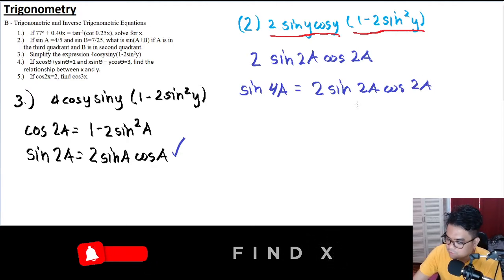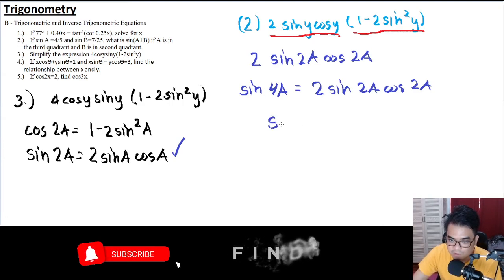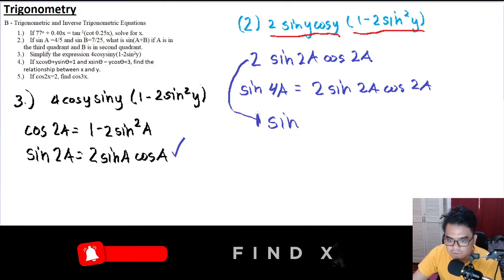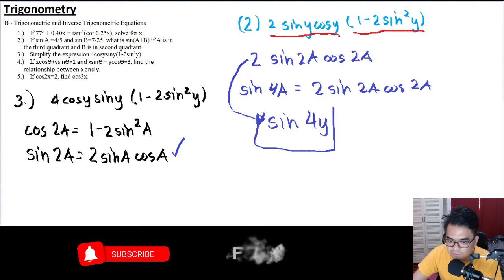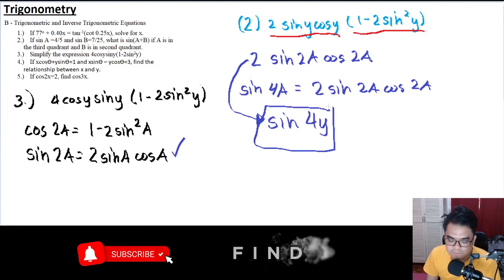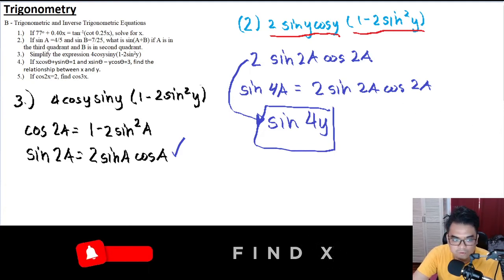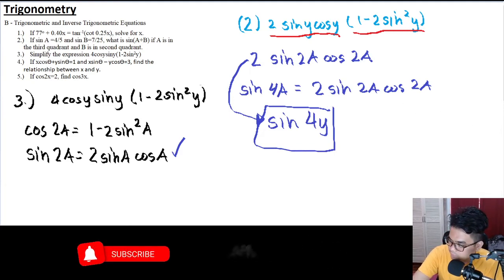Okay, therefore the final answer will just be equal to sine 4y. So this will be the simplification of that expression. Okay, so let's get to the next one.